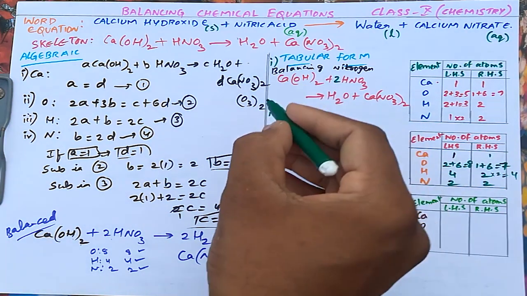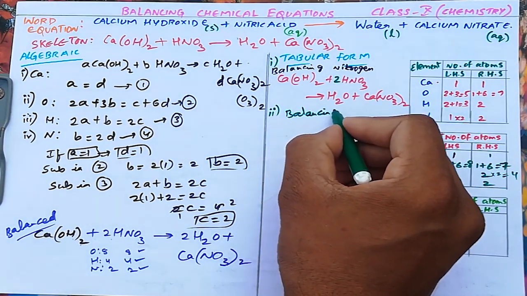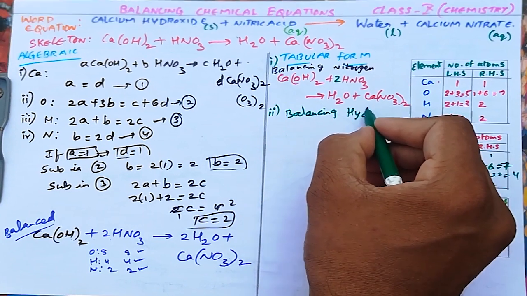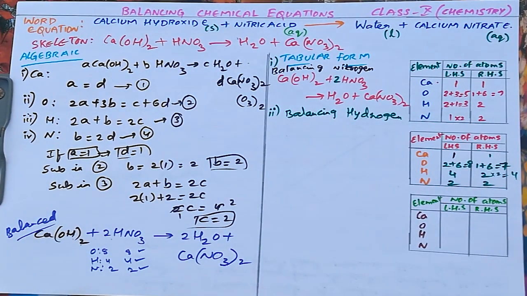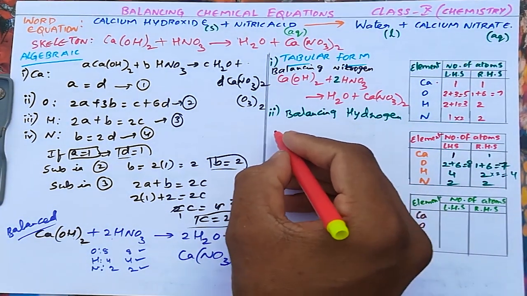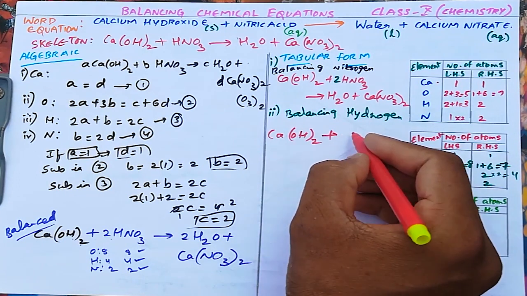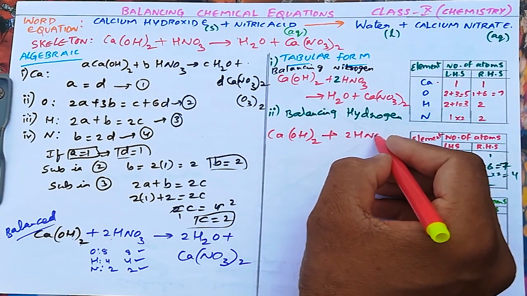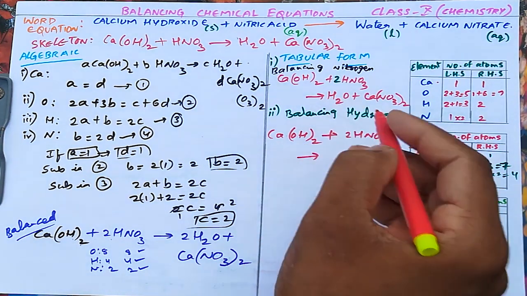So next I'll balance hydrogens. So balancing hydrogen, I'll see Ca(OH)2 taken twice plus 2HNO3, this one is already balanced, gives rise to, we are balancing in the RHS, that means here.